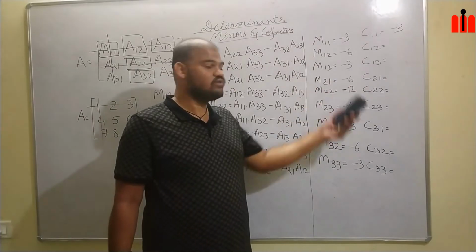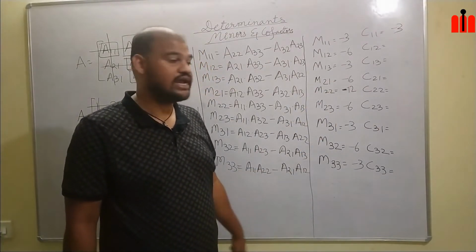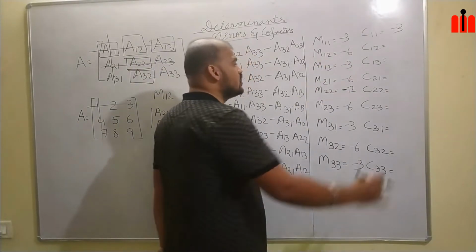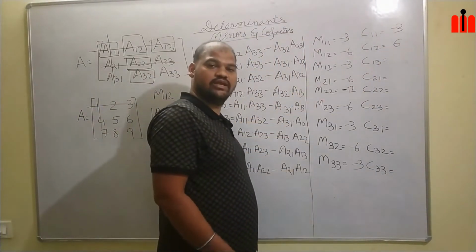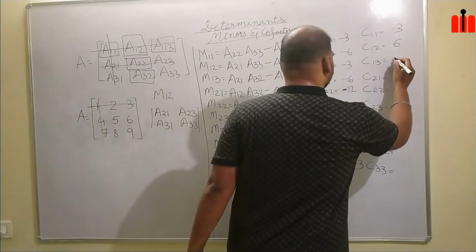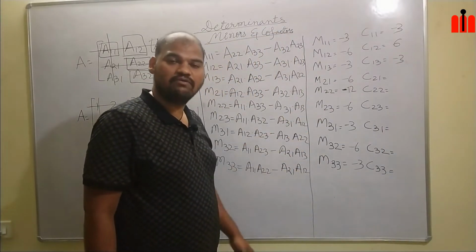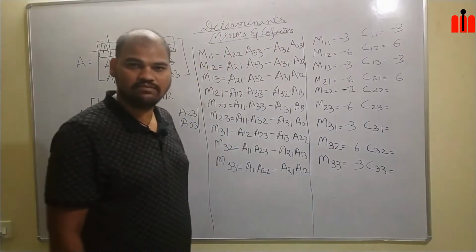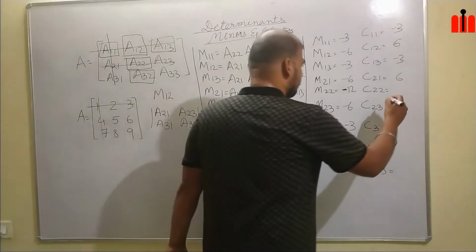Now M12, 1 plus 2, odd. Minus 1 to the power of odd is negative. So there will be a negation sign to minor M12. C12 will become 6. Like that. For M13, power is even. Minor will be equal to cofactor. 2 1, power is odd. Negation of minor. Minus 6 will become 6. C22, even power.